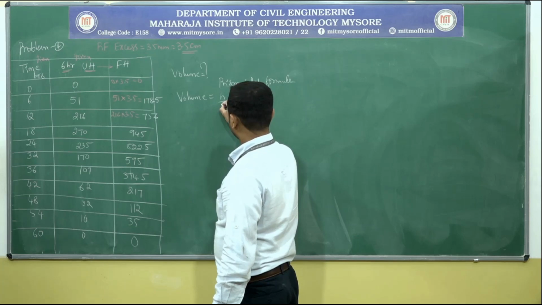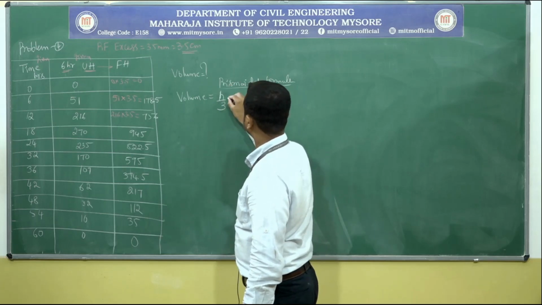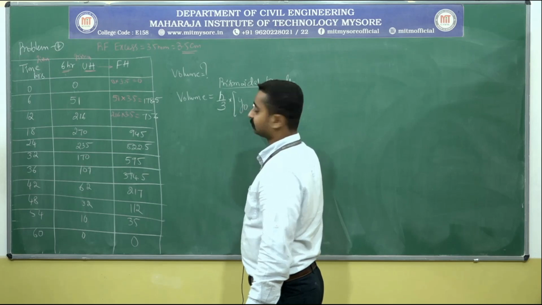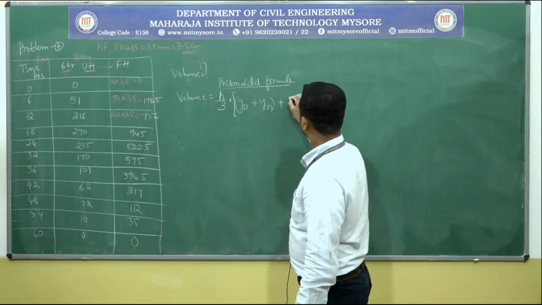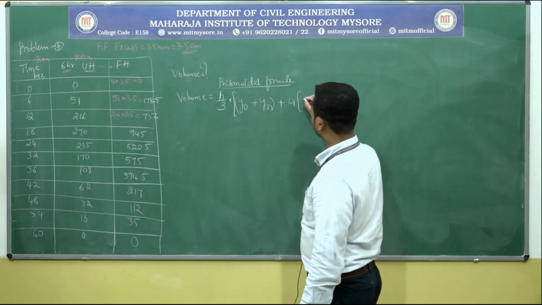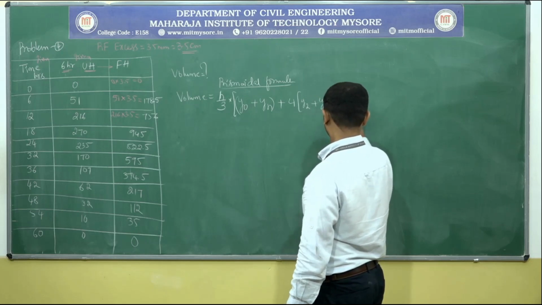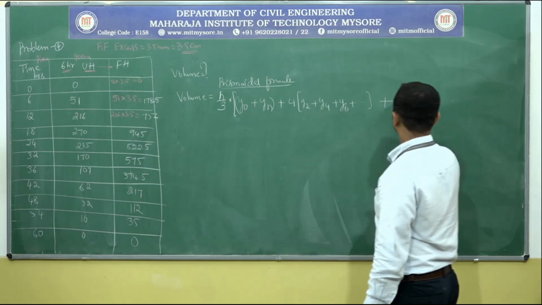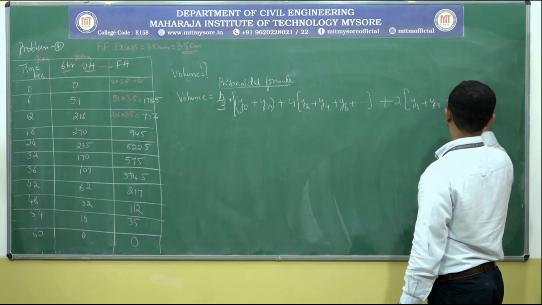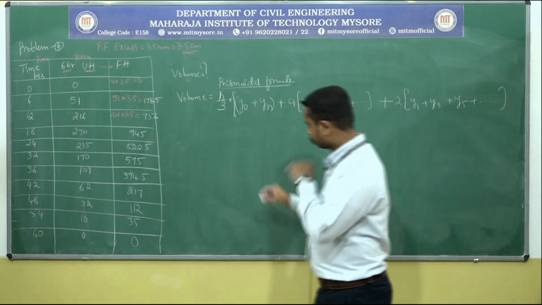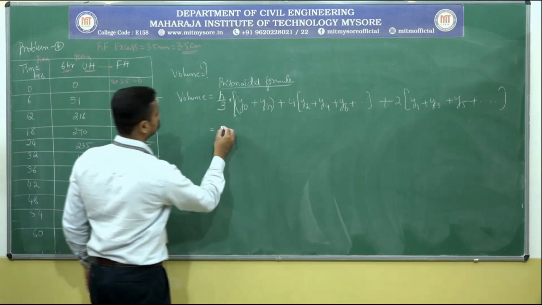Volume is equals to, actually Prismoidal formula, is equals to H by 3 multiplied by first ordinate and the last ordinate plus 4 times of even ordinates, y2 plus y4 plus y6 etc., plus 2 times of odd ordinates, y1 plus y3 plus y5 etc. Now the problem is of 6 hour, so that is the interval.